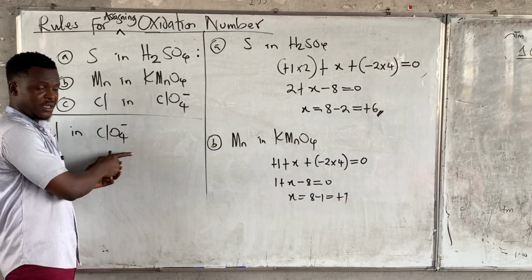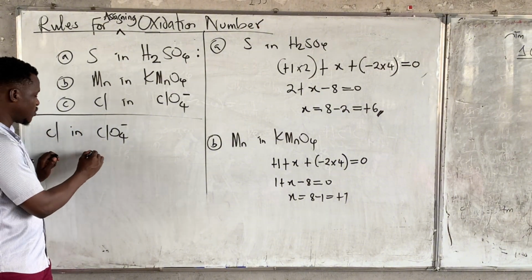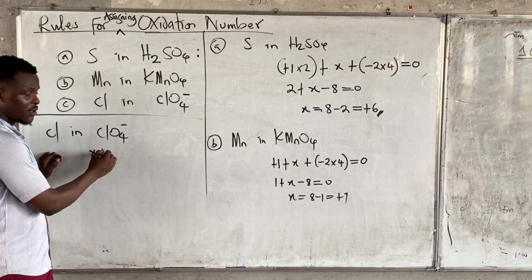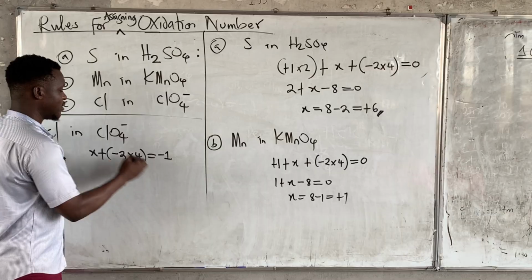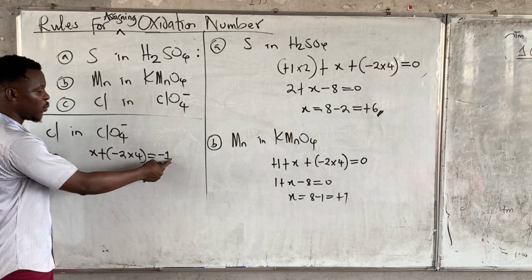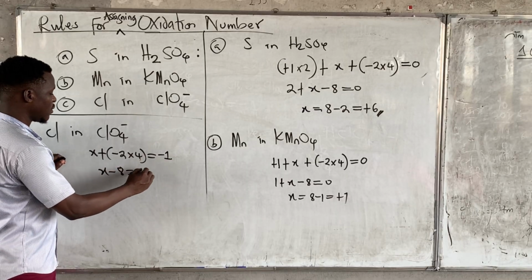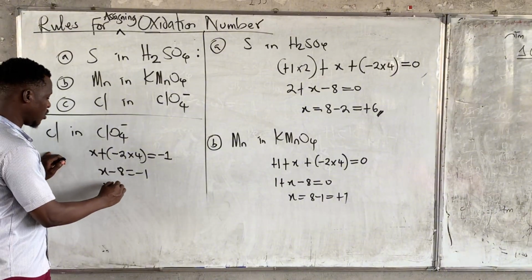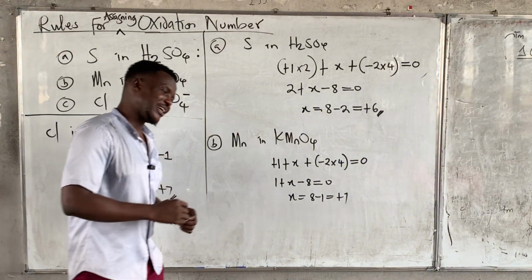So we'll say, I do not know what chlorine is, so I'll make it X, plus oxygen is -2 times 4, equals -1. You sum it and equate it to the charge of the compound. This is X minus 8 equals minus 1. X becomes minus 1 plus 8, which is equal to +7. Not 7. Plus 7.